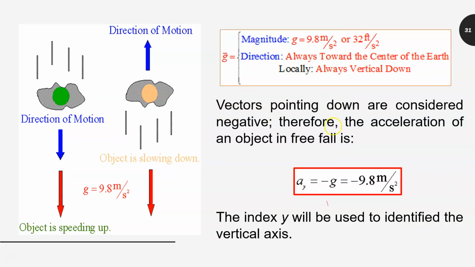And I want to emphasize that you need to use the accurate value of g, which is equal to 9.81 meters per second squared. Don't use 10 or 9.80. Please use the accurate one.